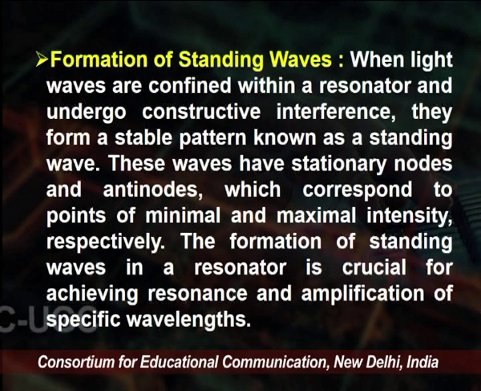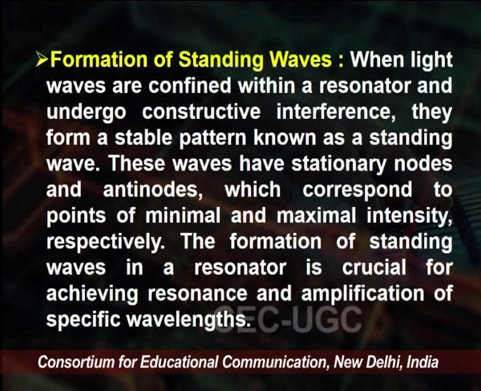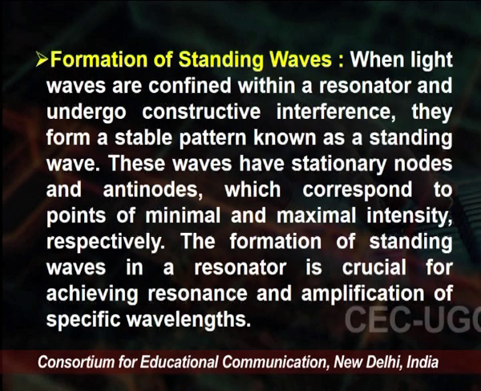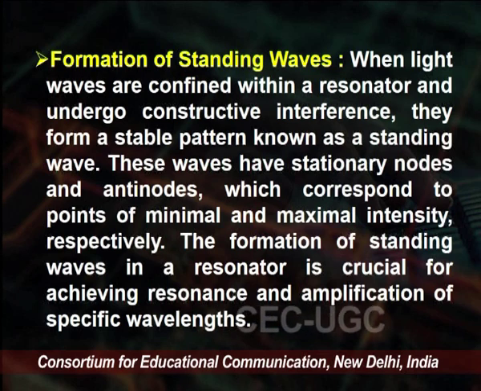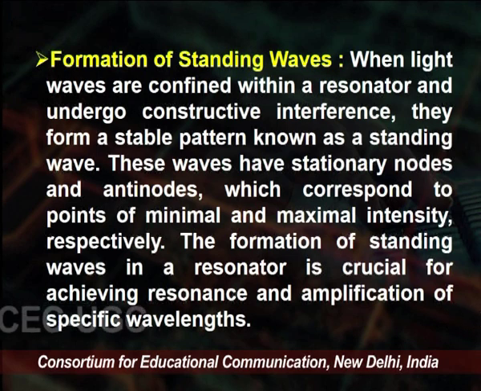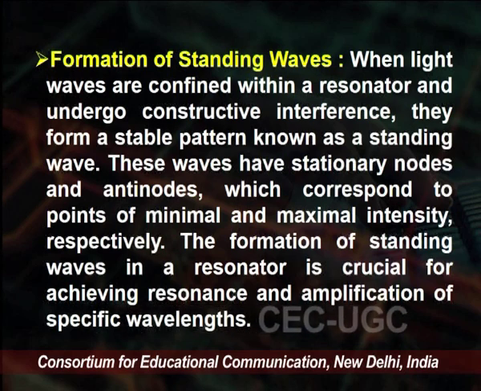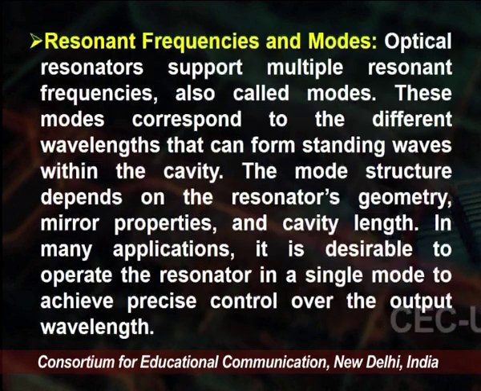These waves have stationary nodes and antinodes, corresponding to the points of minimum and maximum intensity respectively. The formation of standing waves in a resonator is crucial for achieving resonance and amplification of the specific wavelength.